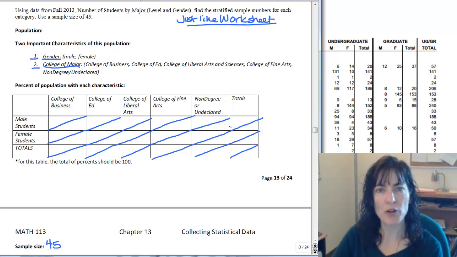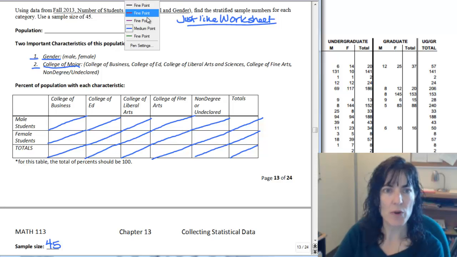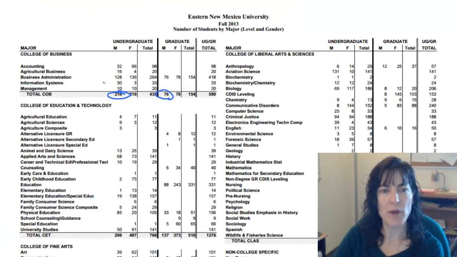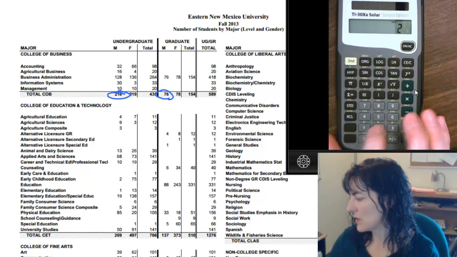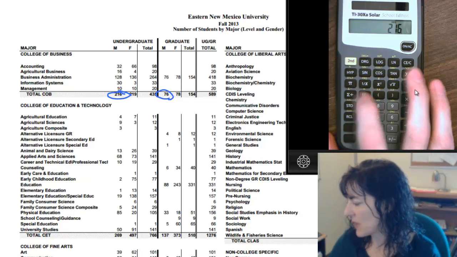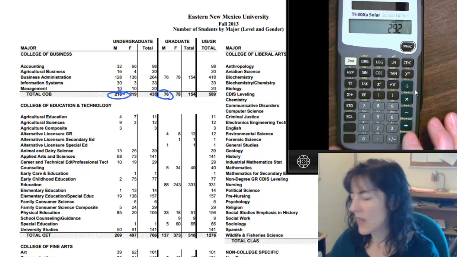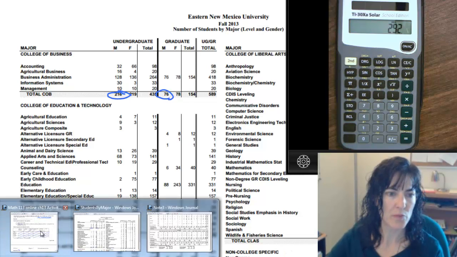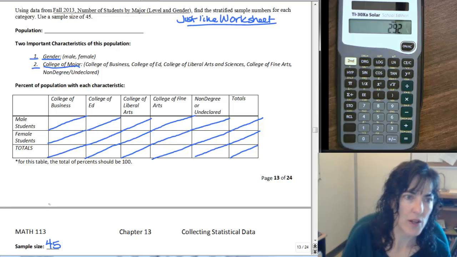So I just went ahead and marked through each of my boxes so I have space for two things. I'm going to make my pen a little bit smaller and come back to the students by major sheet. So I wanted to add the 216 plus the 76 males that are graduate students, and I get a total of 292. Come back here.